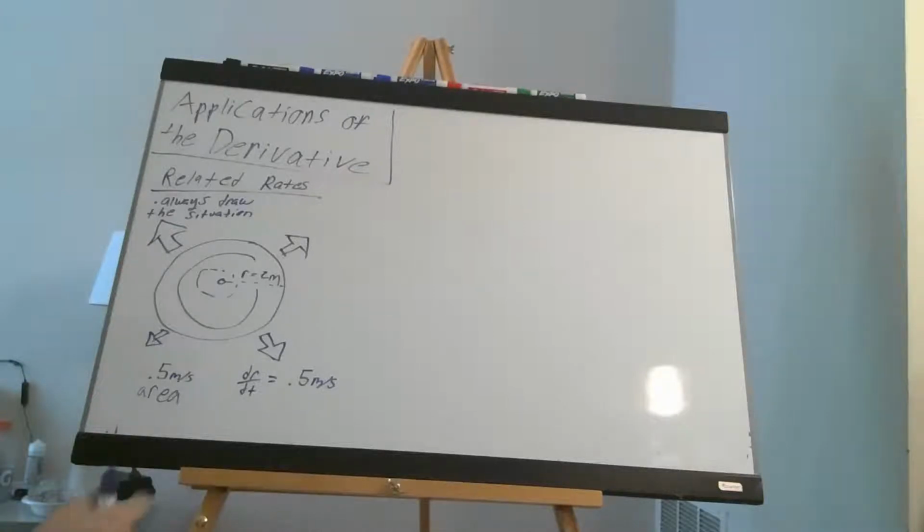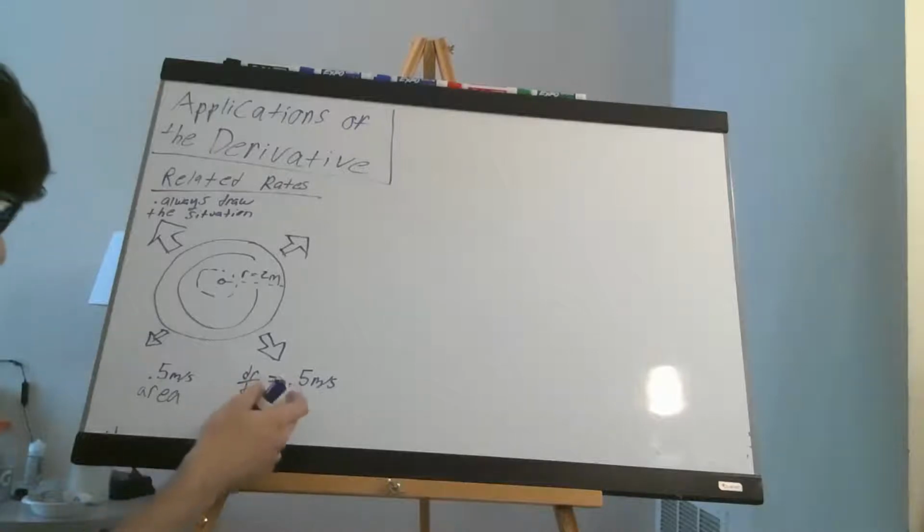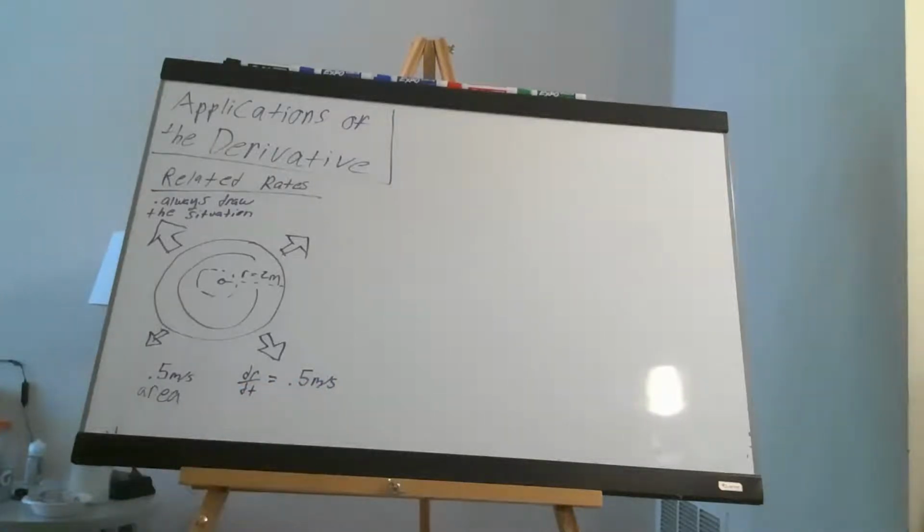So what this means is that the instantaneous rate of change, which is the definition of a derivative, for the radius is half a meter per second. So with a radius of 2 meters, we want to know what the rate of change for the area is.